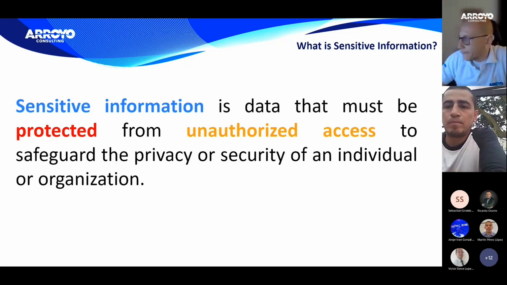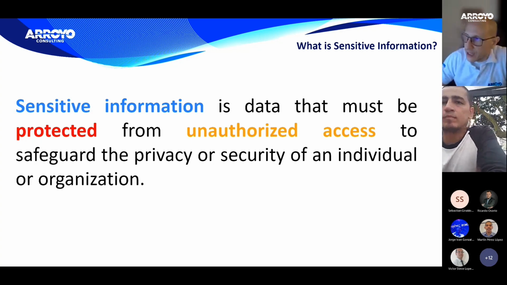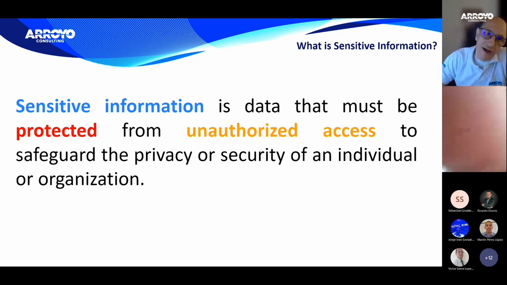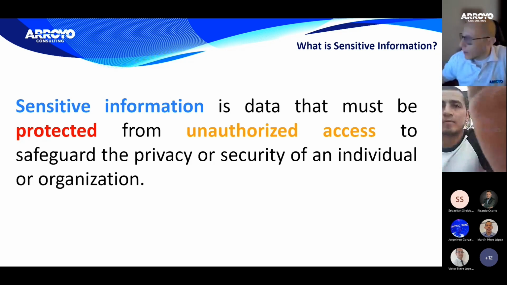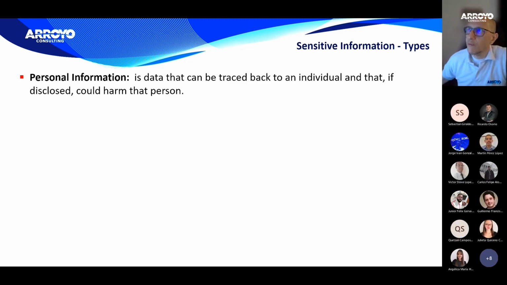This term is related to the data that we want to protect from unauthorized access. The idea is to safeguard the privacy and security of an individual or organization. Talking a little more about this, we want to talk about what personal information is.